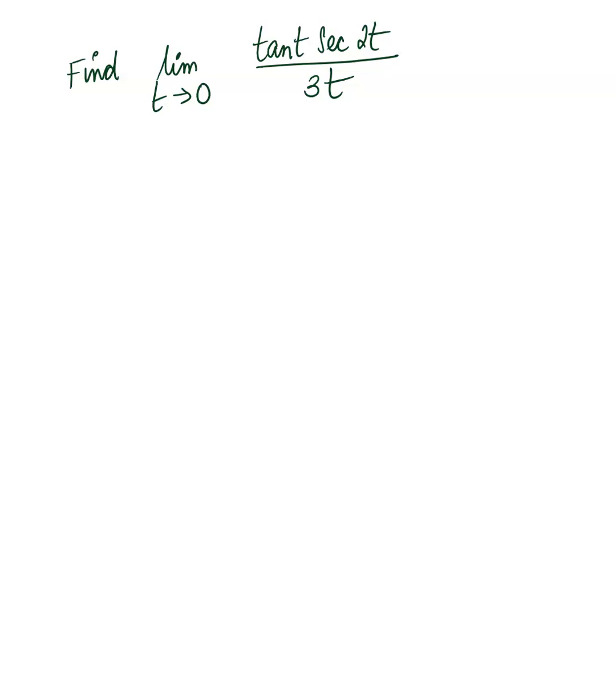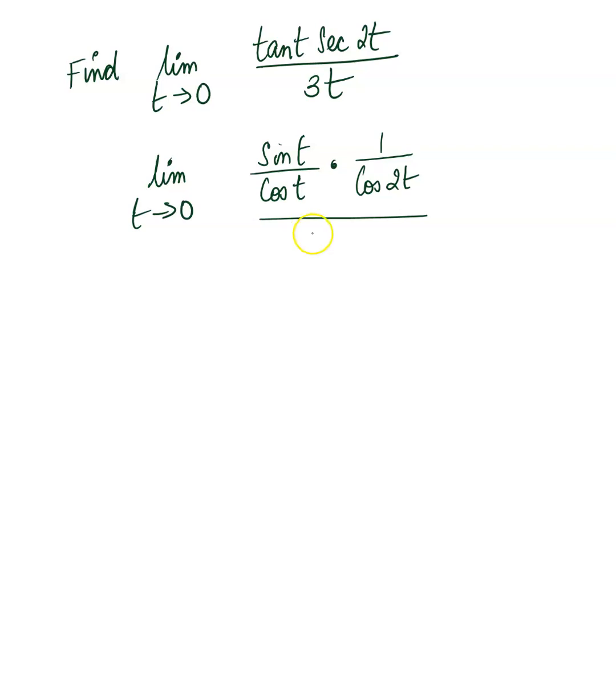First of all, when you have the tan and the secant, we want to rewrite them in their basic form, which is the sine and the cosine. So tan t is sine t over cosine t. Remember to use the same function you see. And secant 2t is 1 over cosine 2t, the reciprocal of cosine, all over 3t.